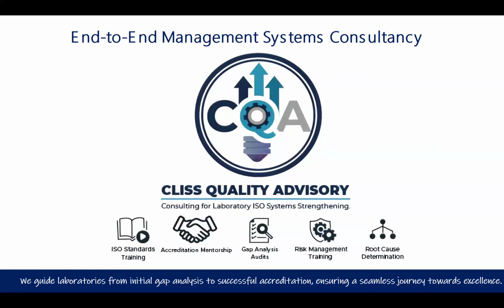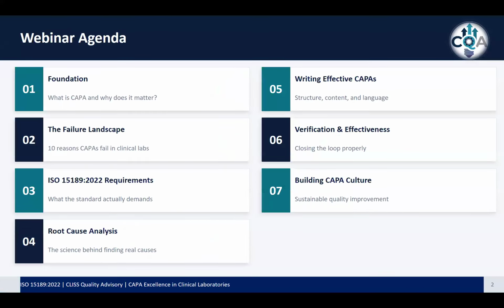We do training on ISO standards, mainly 15189, 17025, 17043. We also offer accreditation mentorship for labs that are preparing for accreditation. We do gap analysis audits. We also assist in risk management trainings and root cause determination. And today's training speaks to issues to do with root cause determination.